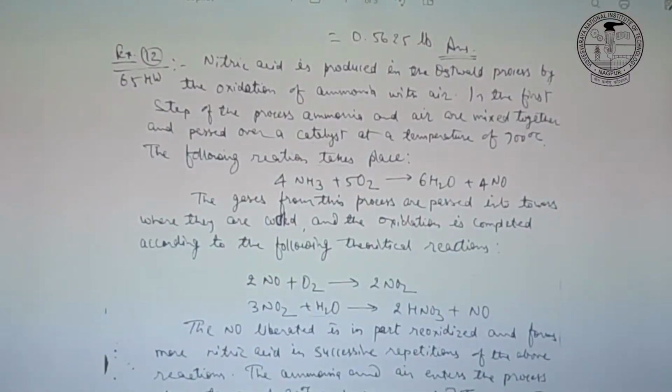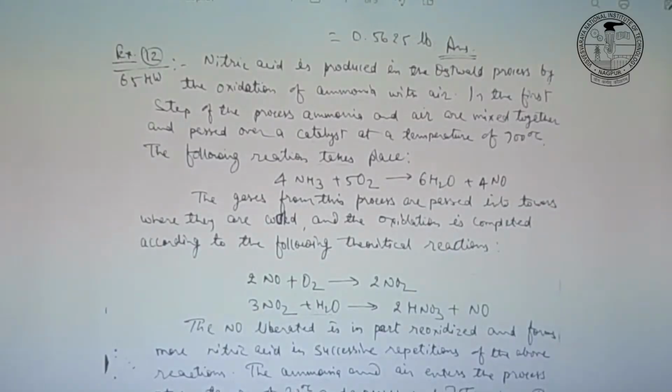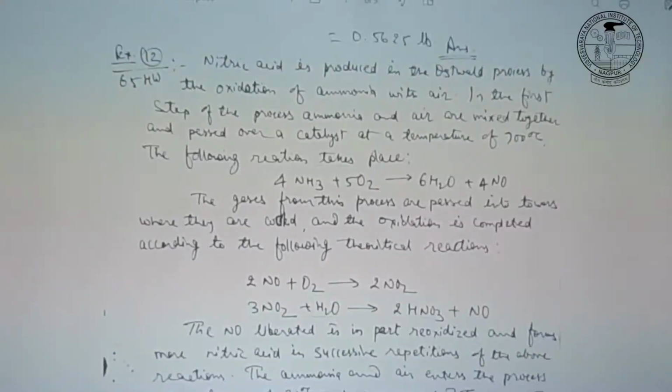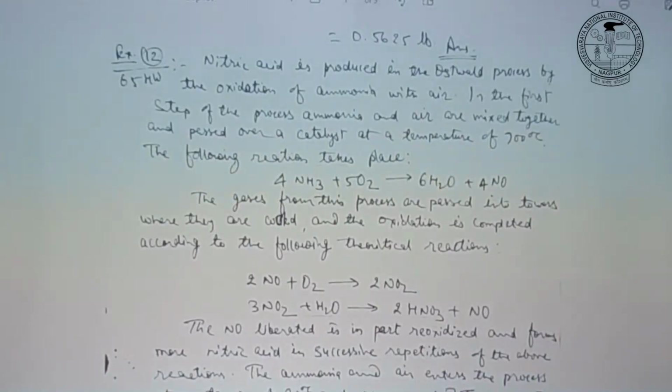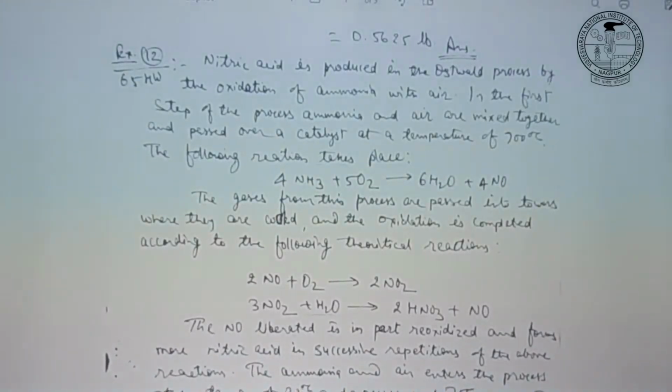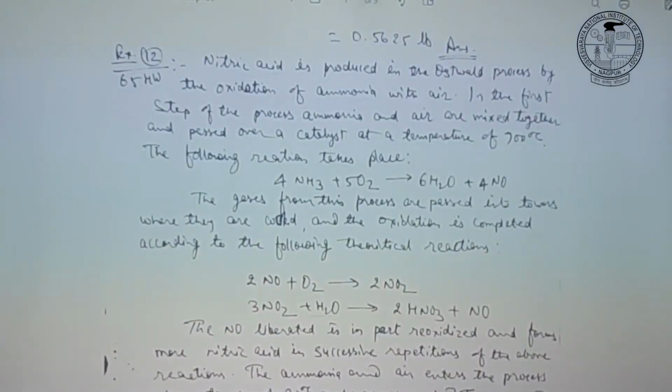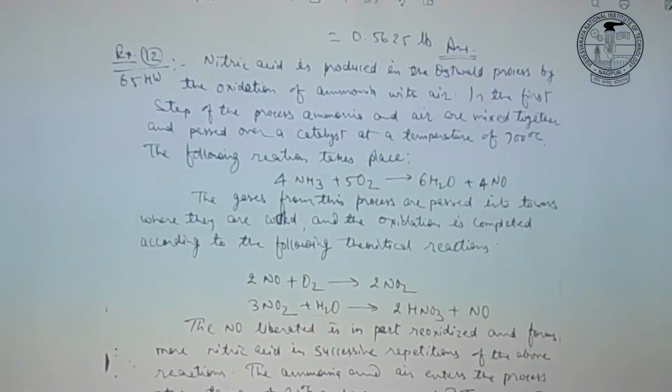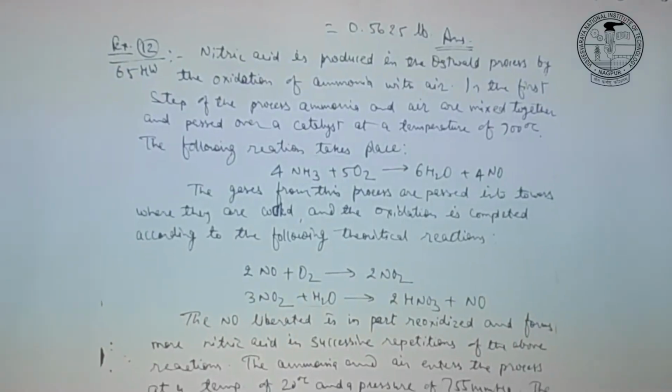And this kind of reaction gives us the nitric acid. The NO liberated in the final step is reoxidized and forms more nitric acid in successive repetitions of the above reactions.